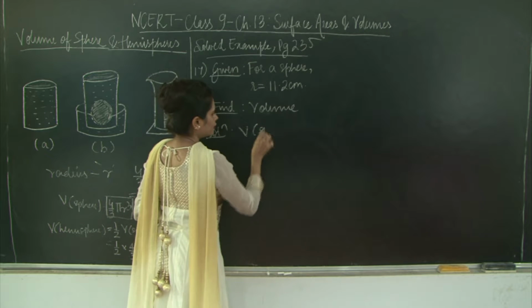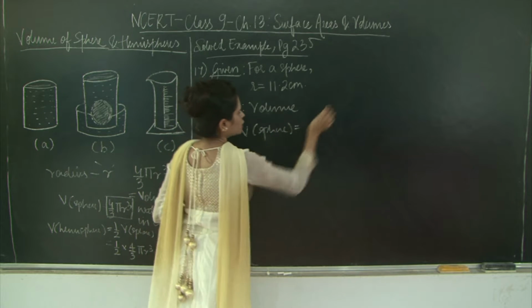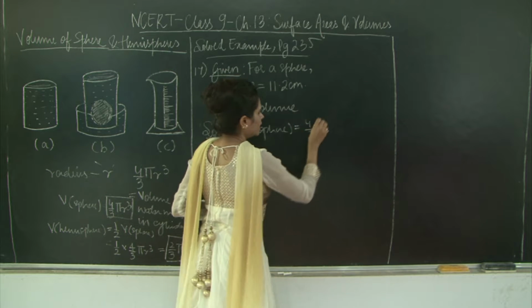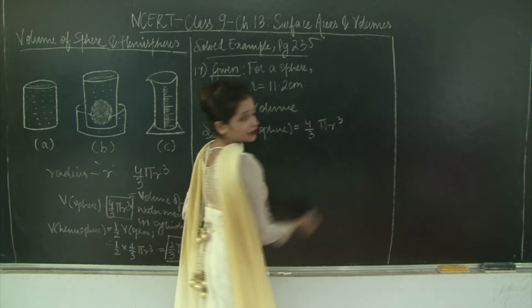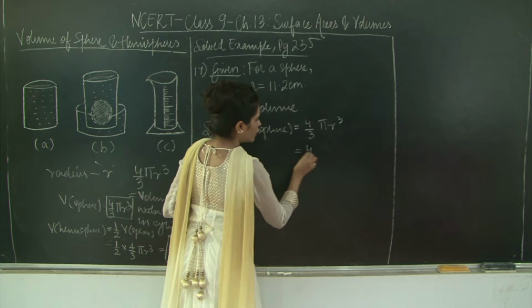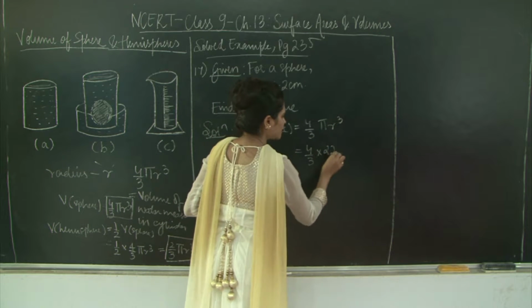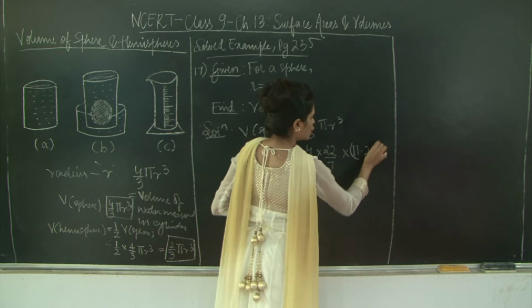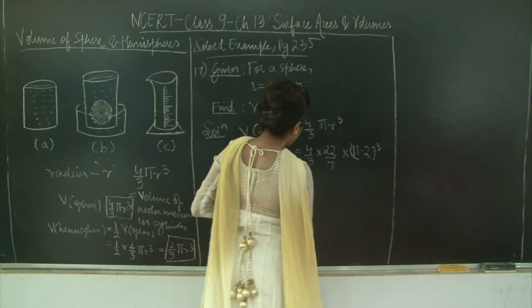Volume of sphere is equal to 4 upon 3 pi R cube, which is equal to 4 upon 3, pi is 22 upon 7, and R cube is 11.2 cube. So let's calculate this.